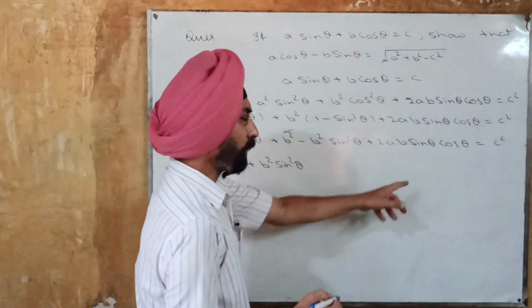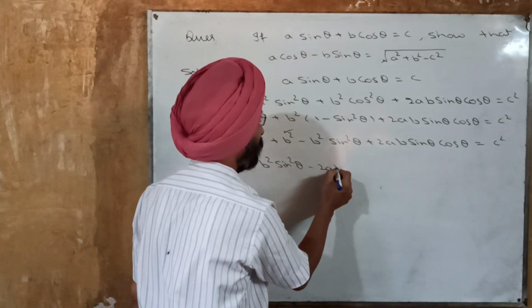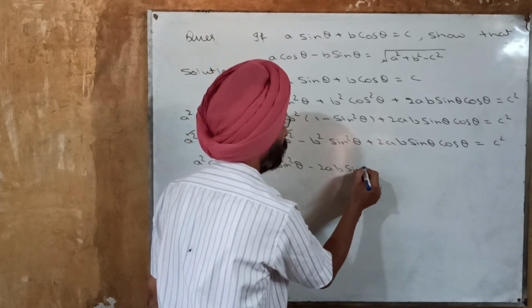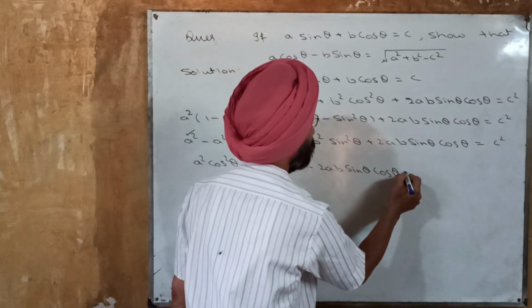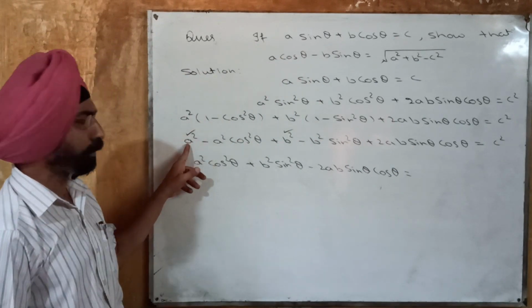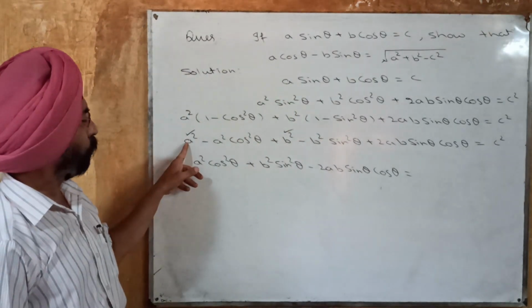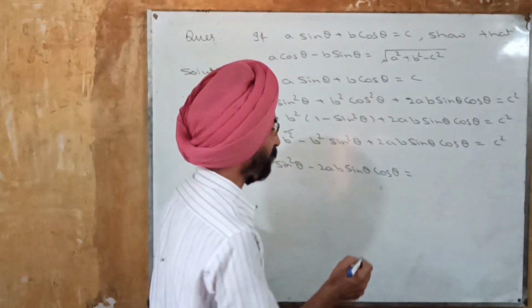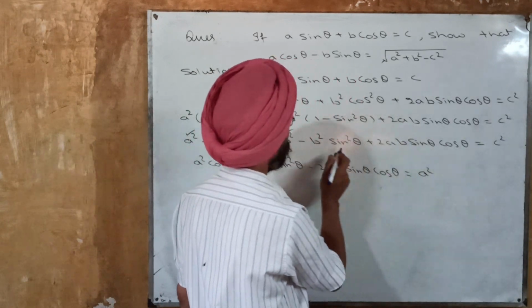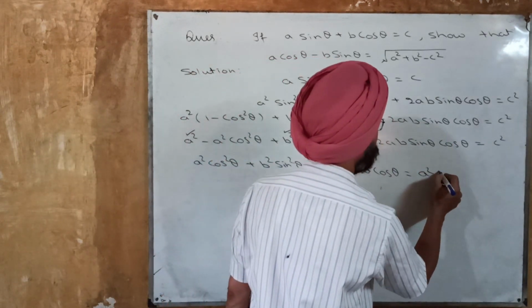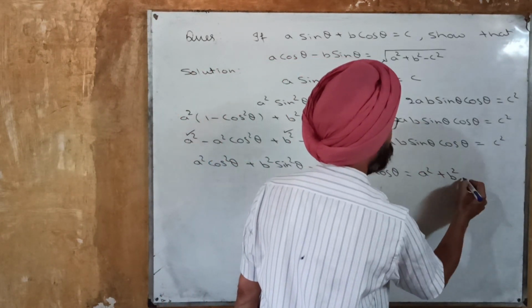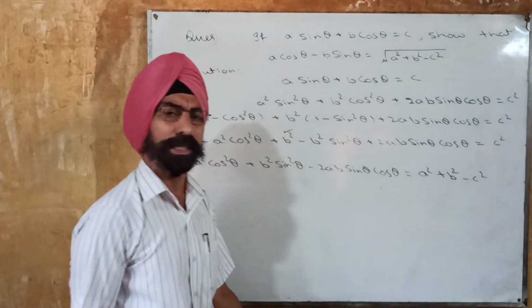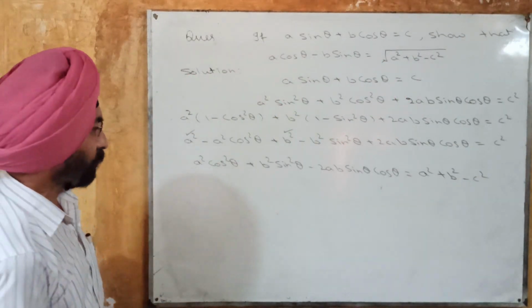This term will become minus 2ab sin theta cos theta is equal to, this term will be minus a square and taking it to the right hand side it will become a square. Similarly this minus b square will become plus b square and this c square will become minus c square, as we have multiplied both sides by minus 1.